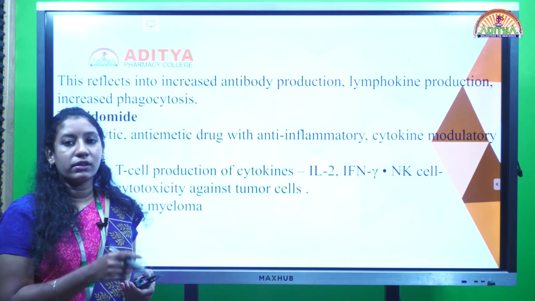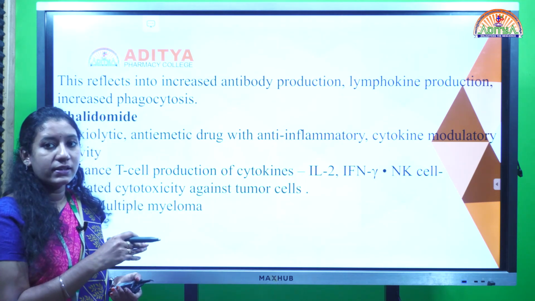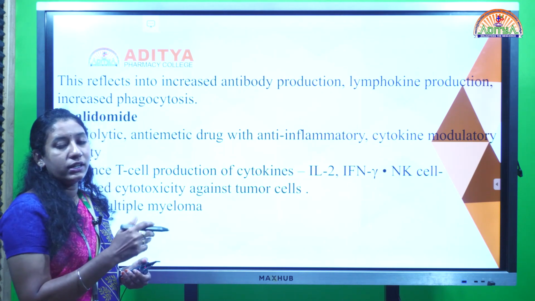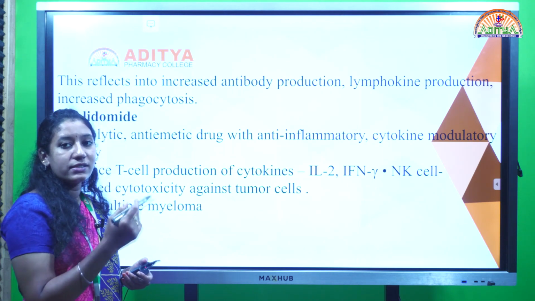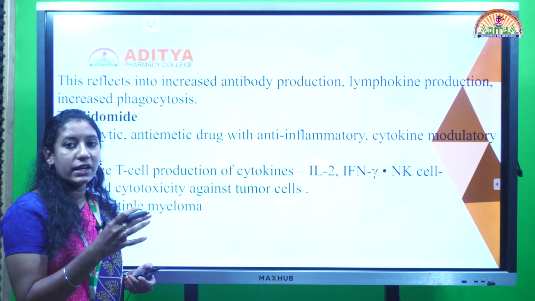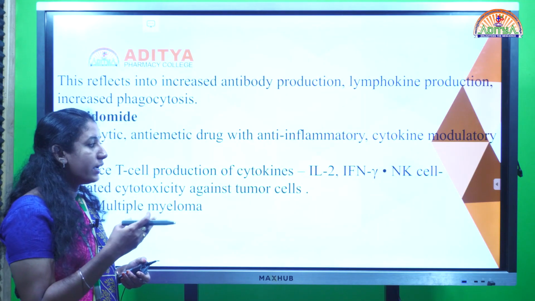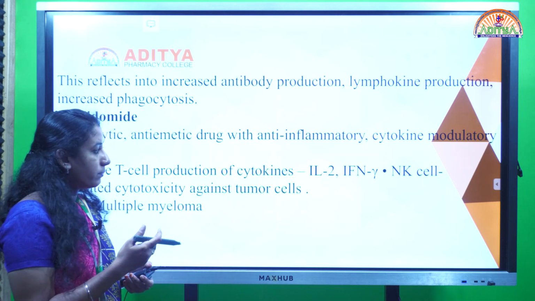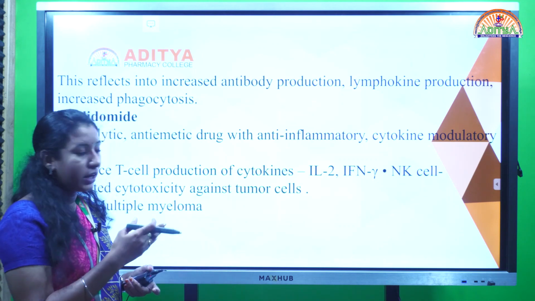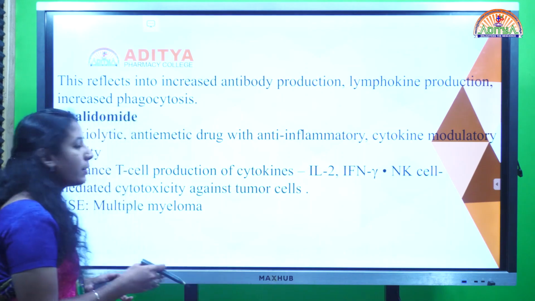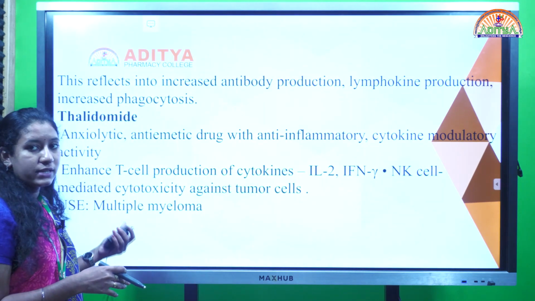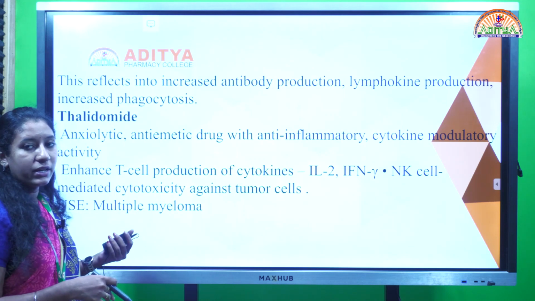The MOA of thalidomide is that it increases the production of T cell mediated cytokines like interleukin 2, interferon gamma and natural killer cells. Coming to the uses, it includes multiple myeloma. In this condition, thalidomide can be given.